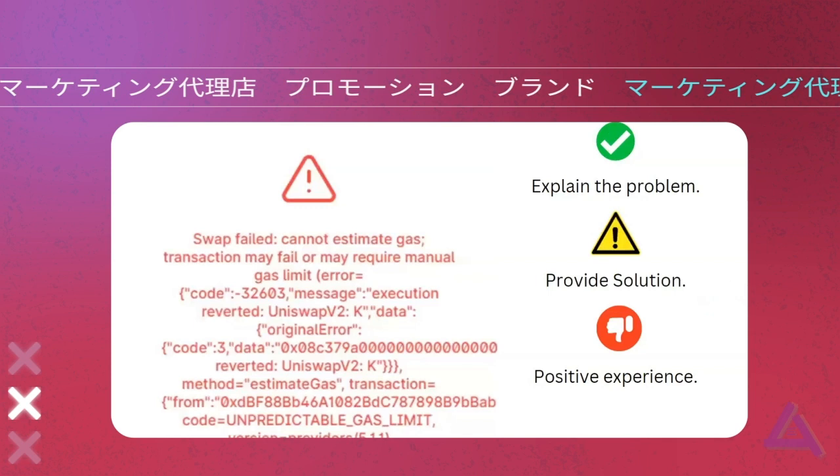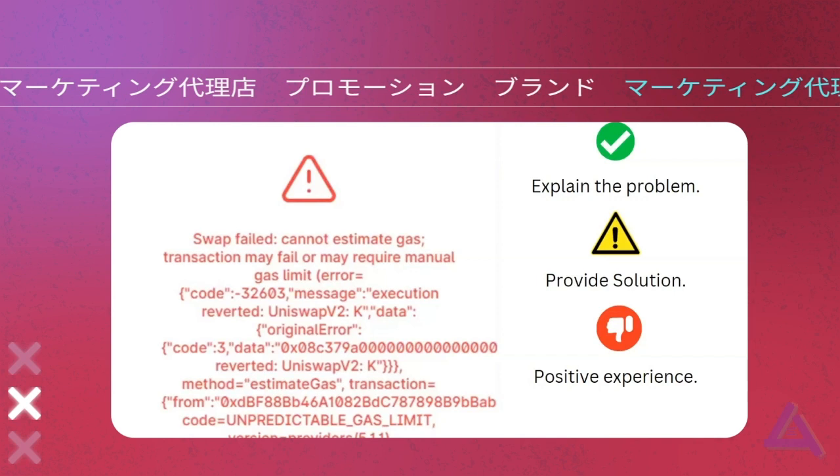It's like 'swap failed, cannot estimate gas, transaction may fail or may require manual gas limit,' and then you have a bunch of letters and stuff that the user doesn't know what that means, right? So yes, they explain the problem, it cannot estimate the gas, but they cannot provide a solution. Because of all the letters and the big message, the user can't get the solution quite right. So it doesn't provide a positive experience.